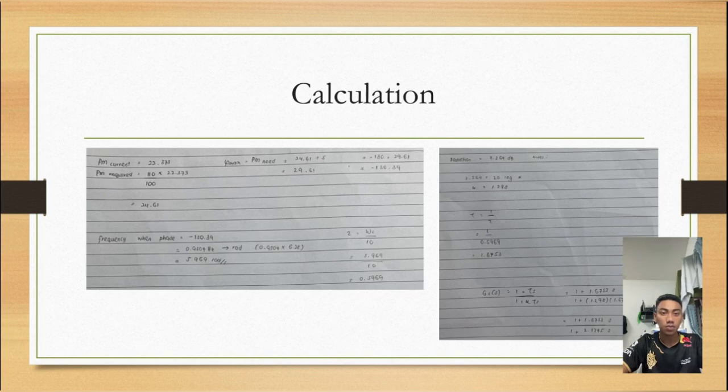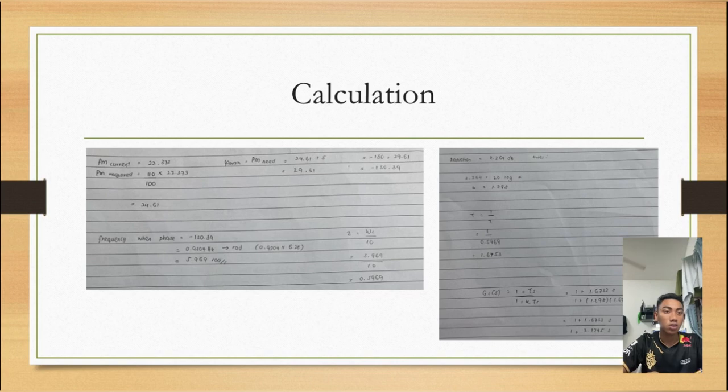After that, we multiply by 110 over 100 times 22.37. After that, for the PM needed, we add for the lead compensator, it must be 5, which gives 24.61.